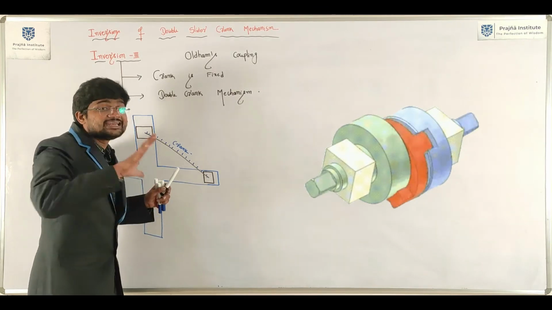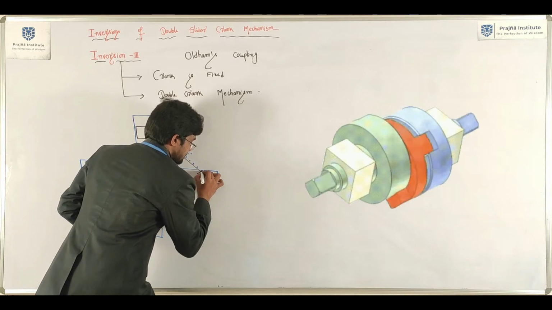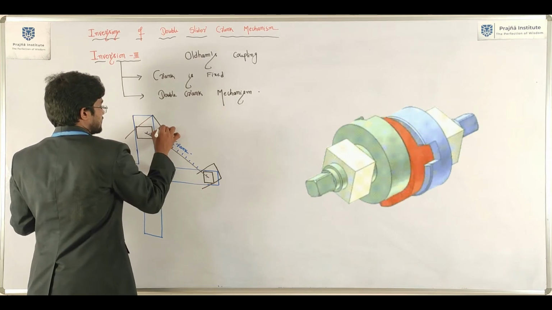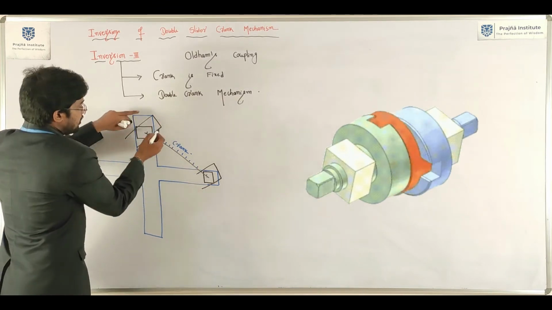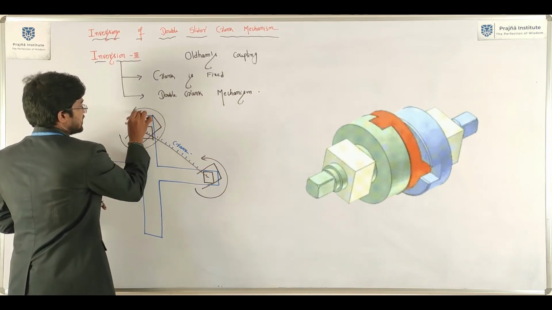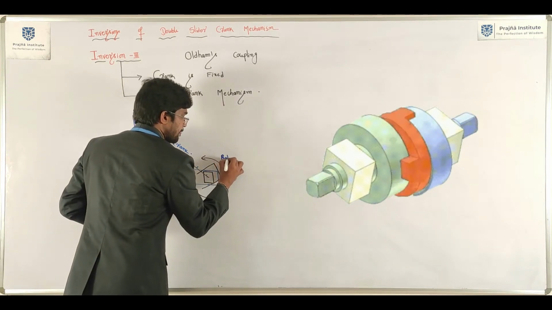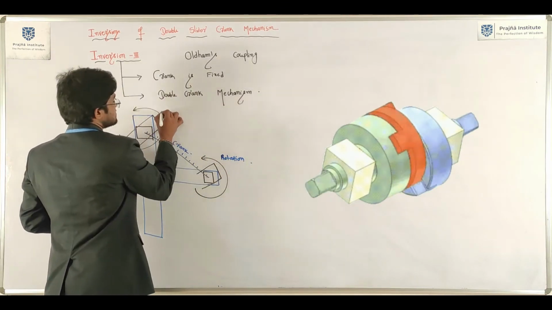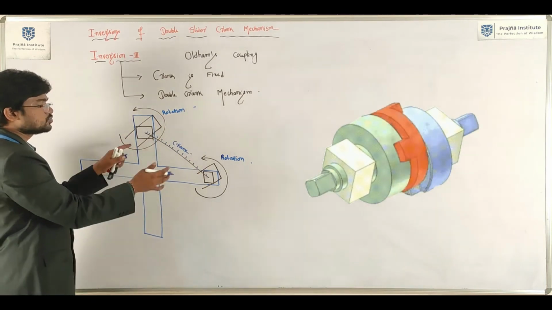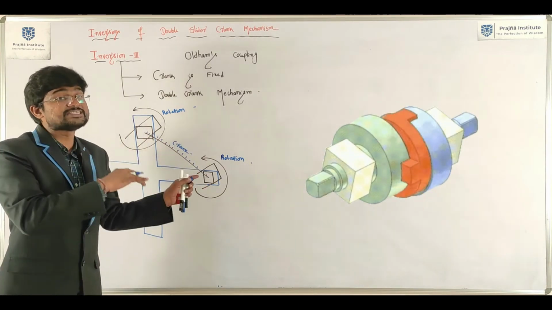Here the sliders will rotate. That means the slider will rotate here. Rotation, and this kind of rotation you will get. This is also rotation. Clear? These two sliders will rotate. Physically, the sliders behave as shafts.